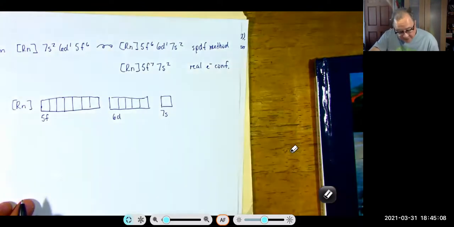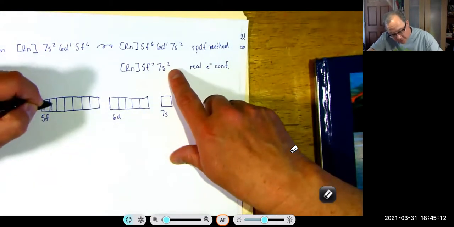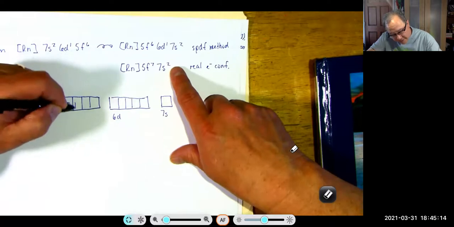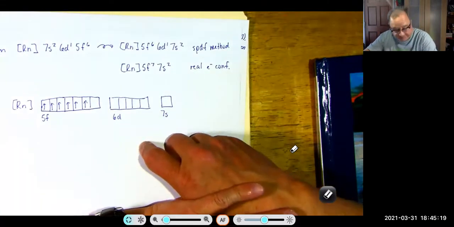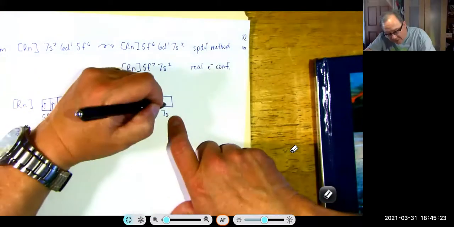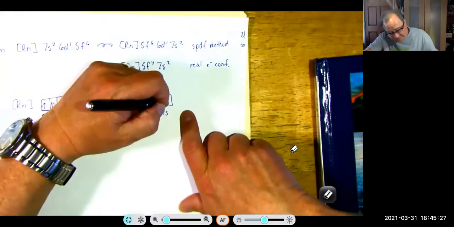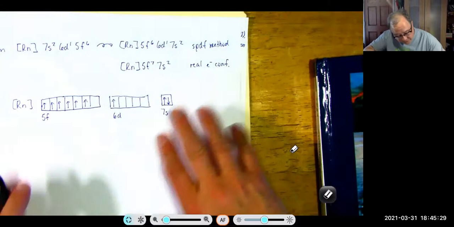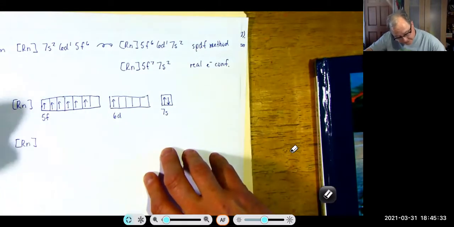Now, when we put these electrons in here, you're supposed to put 1 electron per orbital, and then if you run out of space, you pair them up. So for the 7s, we put 1 electron in there and we've run out of space, so we had to put the next one in there and pair it. This is what this would look like.